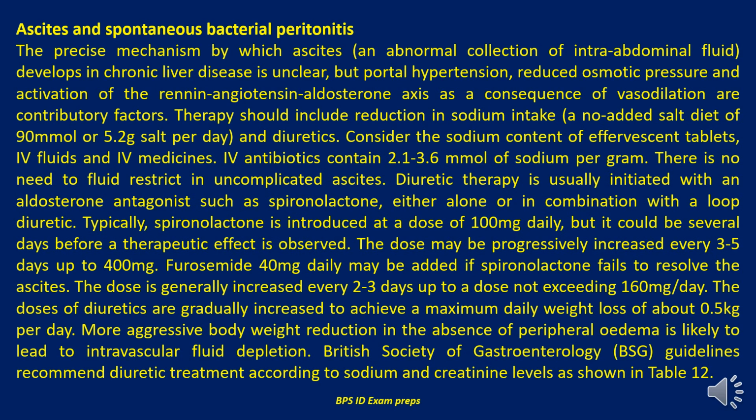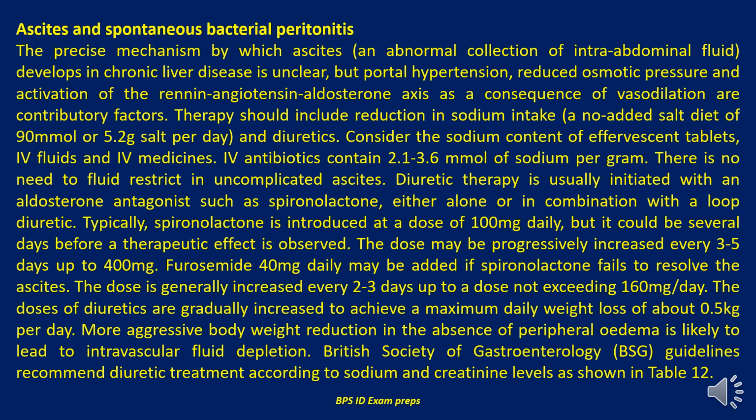The precise mechanism by which ascites, which is an abnormal collection of intra-abdominal fluid, develops in chronic liver disease is unclear, but portal hypertension, reduced osmotic pressure and activation of the renin-angiotensin-aldosterone axis as a consequence of vasodilation are contributory factors.